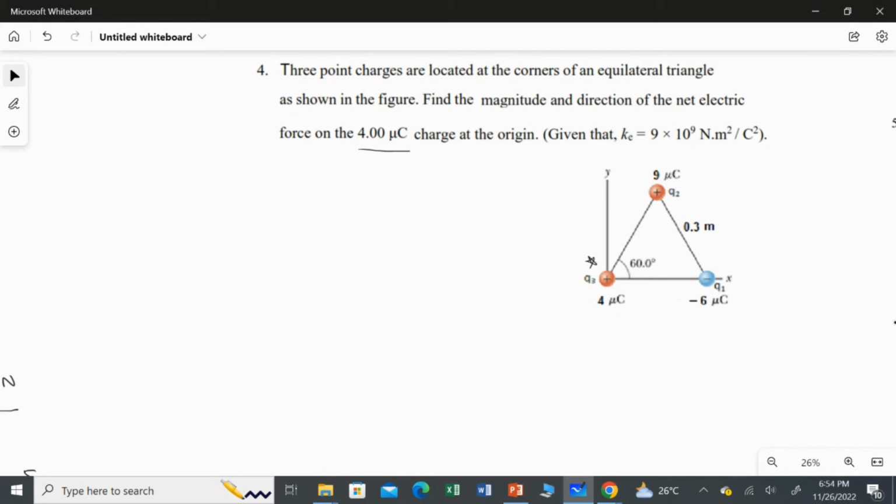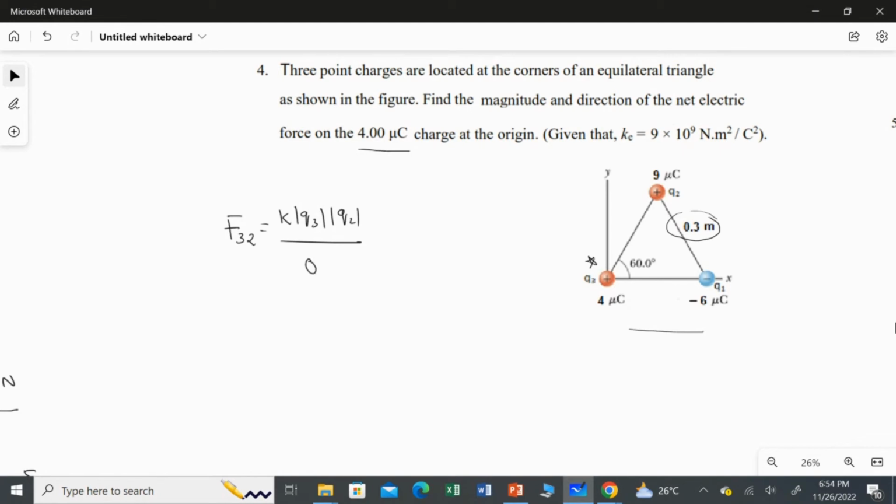Coulomb's law, F of 3 on 2 equals k times magnitude of 3 times magnitude of 2 over the distance between these charges squared. Because I told you all sides are the same, am I right? So 0.3. If it is 0.3 here, here also 0.3, here also you have 0.3, right?